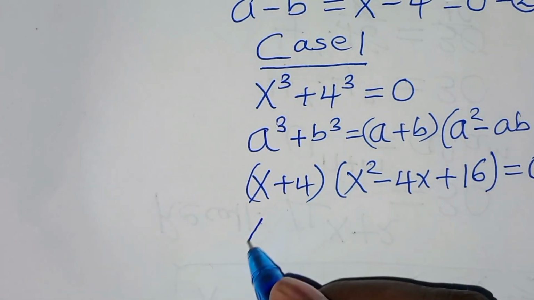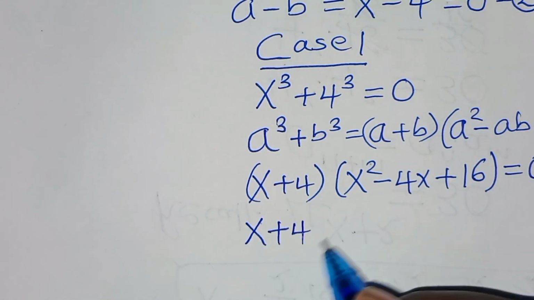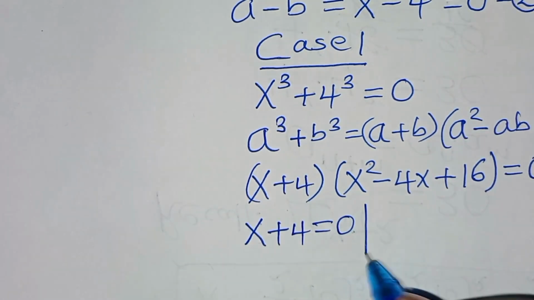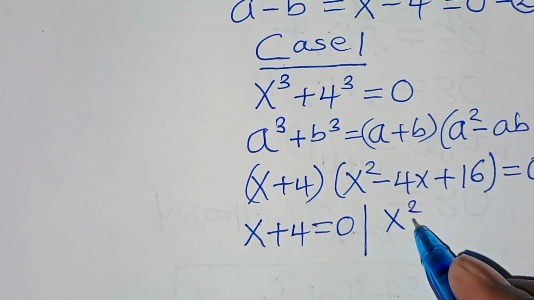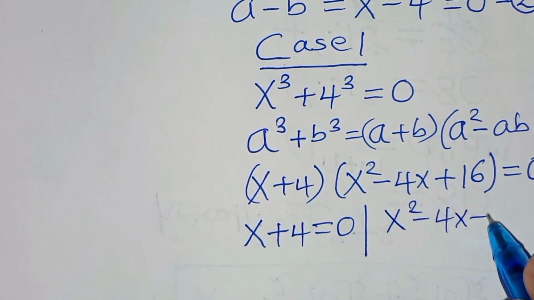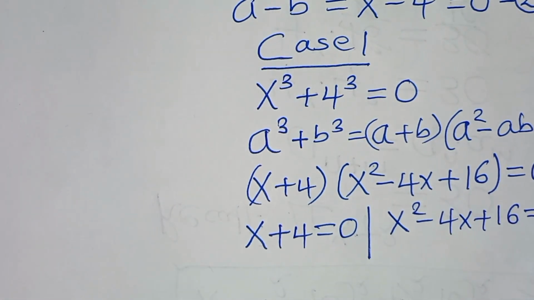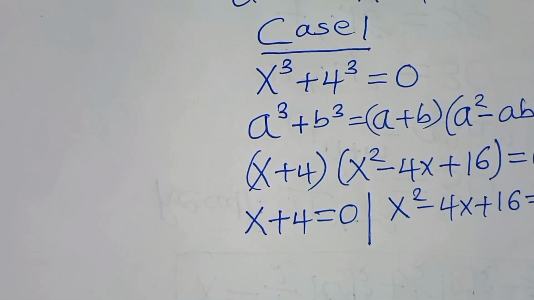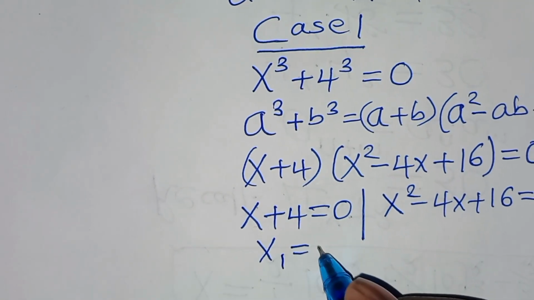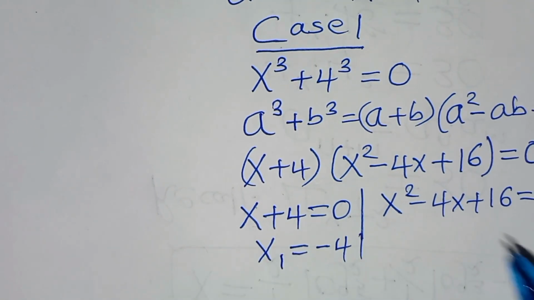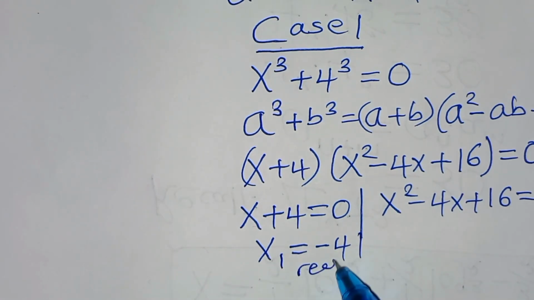So we have two parts here. The first part is x plus 4 equal to 0. The second part is a quadratic equation, which is x squared minus 4x plus 16 equal to 0. So here we have the first value of x, that is x1 equal to minus 4. This is a real solution here.